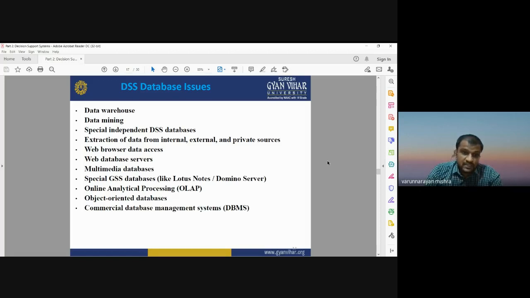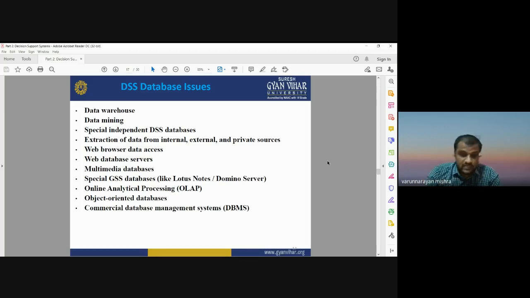Web browser data sources, web database servers. Okay, we can have the facility to release or to update our database on the website. It also supports multimedia database. Okay, and the GSS databases like Lotus Notes, Domino servers, these are some kinds of databases that are very much useful for decision support system.